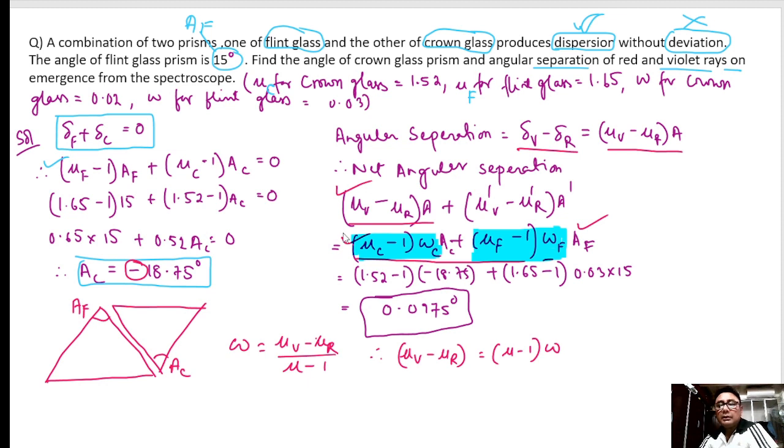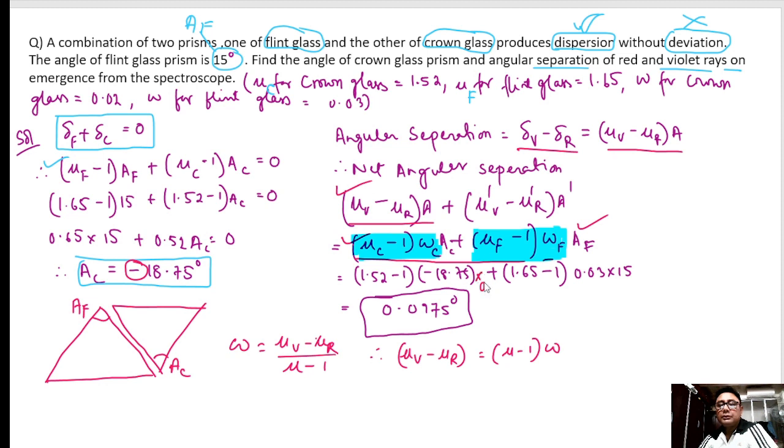So now putting all the values we have found out, we know AC is given here. One thing will be the angle of the prism, and we have to find out the dispersive power of crown glass, which is given to us. Okay, so we have to do this 0.02.